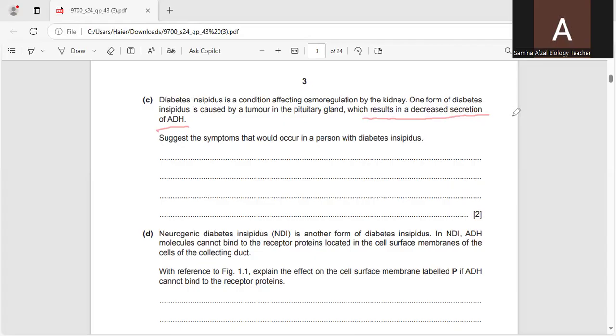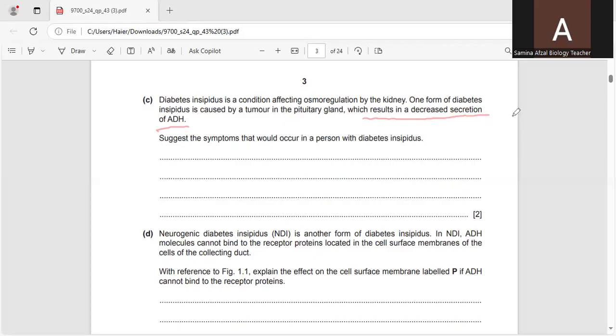reabsorbed by the collecting ducts, because the main function of this ADH is to balance the water tension in the blood by absorbing most of the water. So when ADH is not released in accurate quantity, it is secreting very low quantity or not secreting due to this disease.